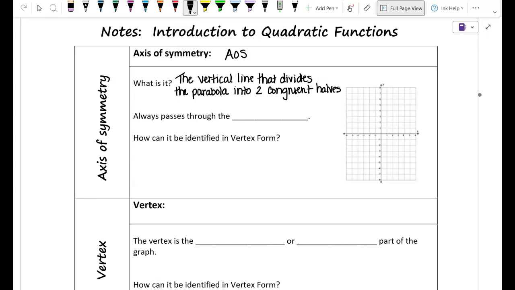And we talked about this yesterday. It always passes through the vertex.